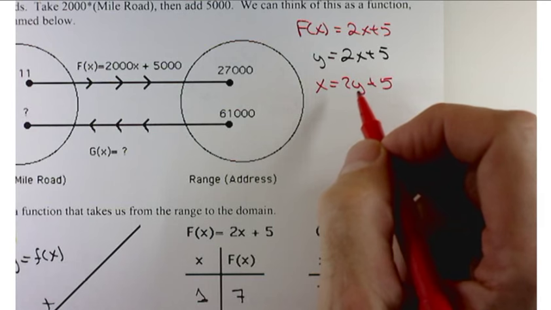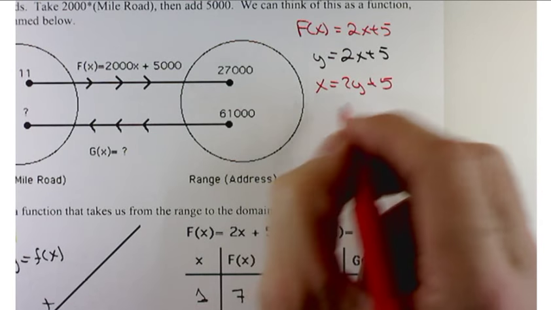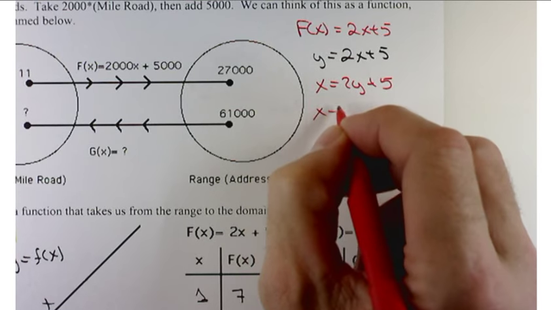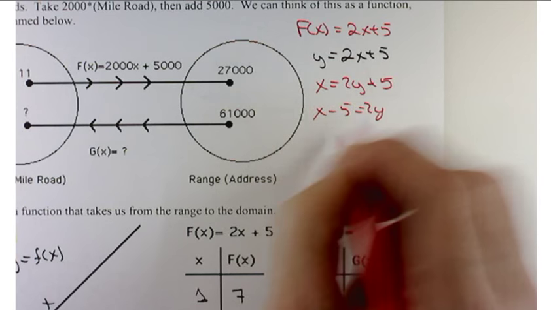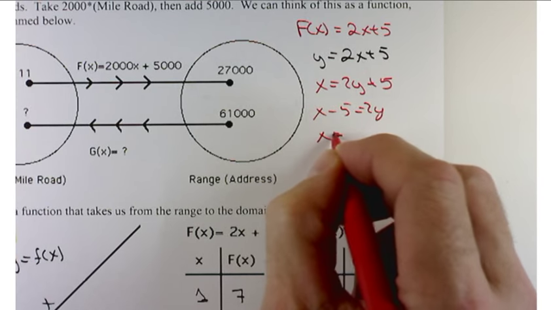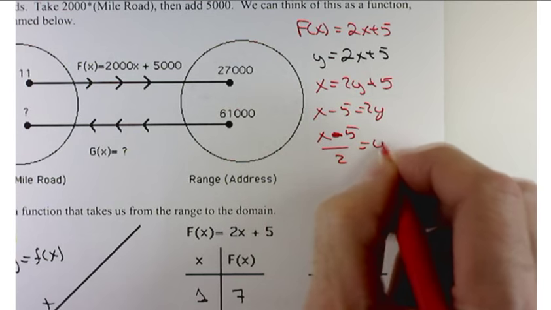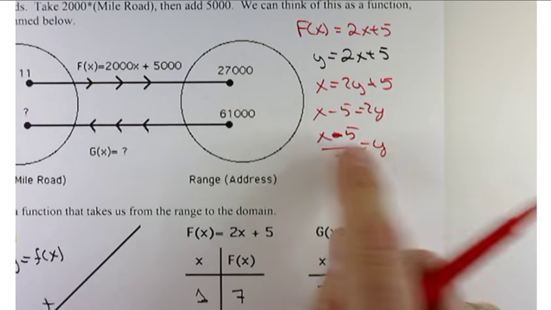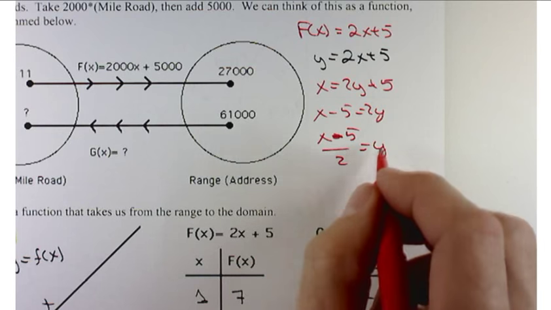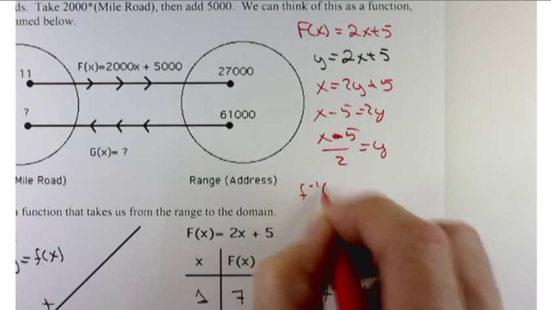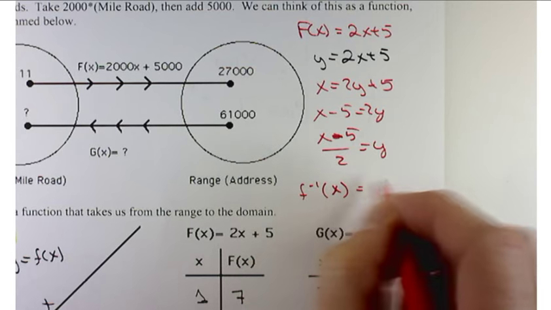Finally, we have to solve for y. So I'll move the 5 to the other side and then divide by 2. The last little piece is to replace that y by the new notation f inverse.